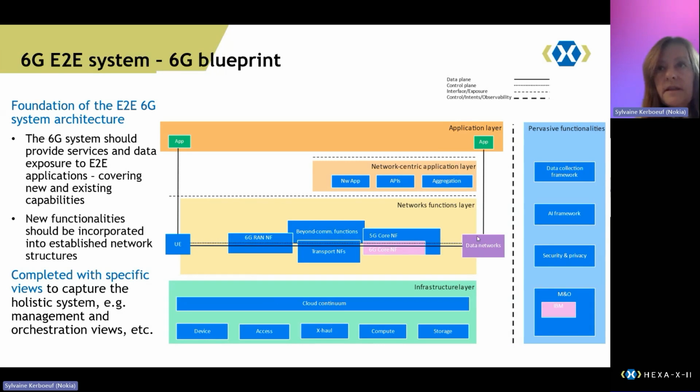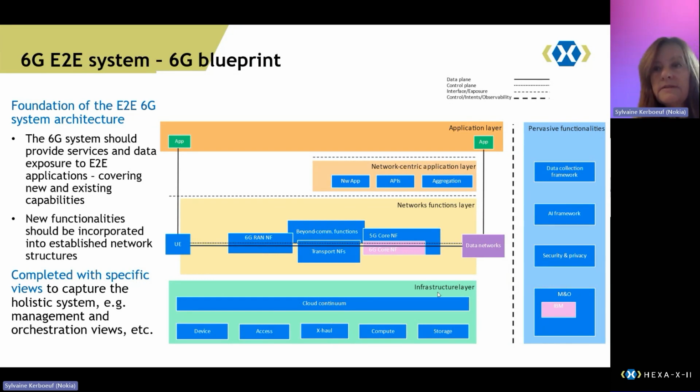Then we've got this network function layer with the RAN, the core, and, important, the new beyond-communication capabilities that will come with 6G, integrating, for example, sensing, AI, or compute as a service.